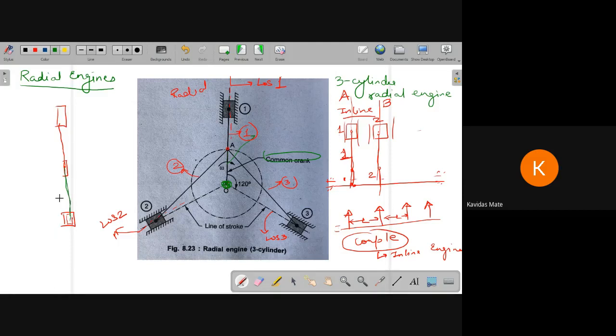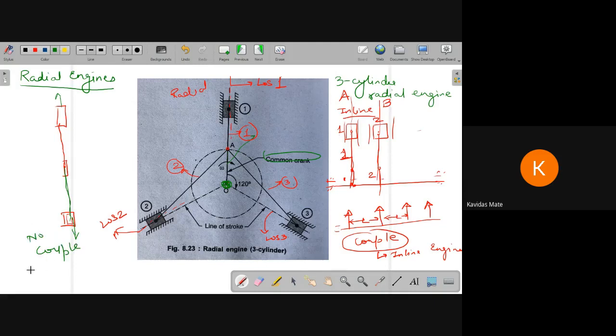So everything is going to rotate in a single plane. What does that mean? If it rotates in a single plane, the unbalanced inertia forces would be acting in that same plane. If the forces are along the plane, then there won't be any couple.